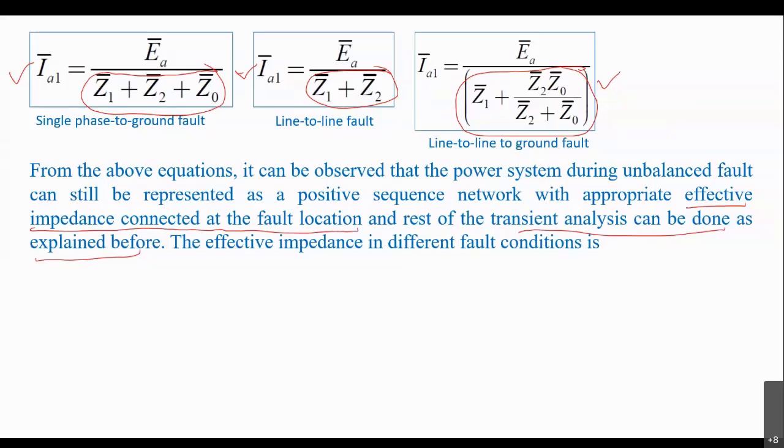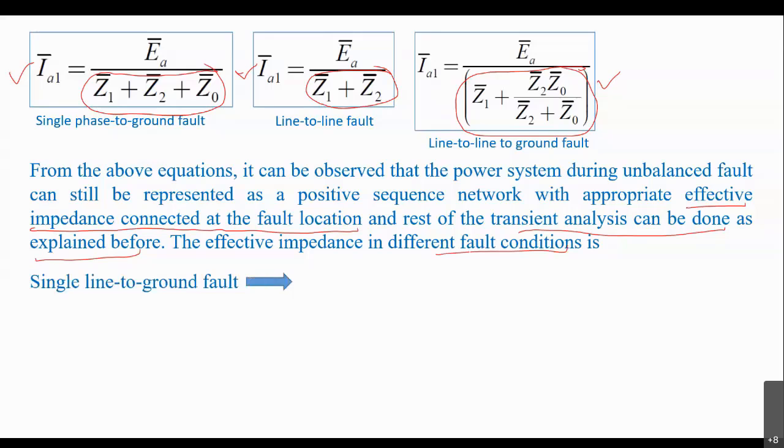So our main objective here is to convert the representation into positive sequence network form. Then we'll do the analysis as we have done earlier using the implicit method and the explicit method.